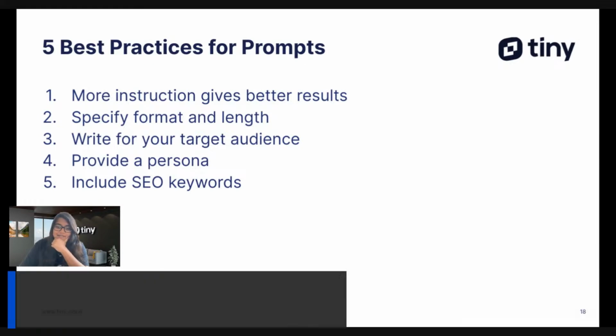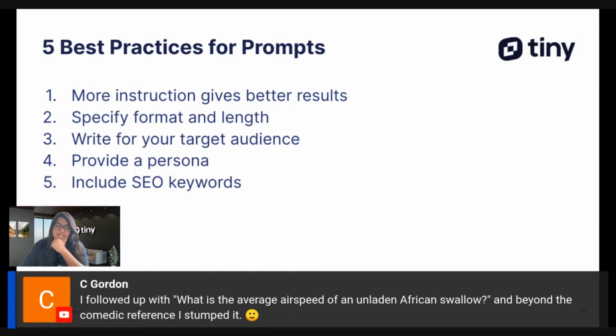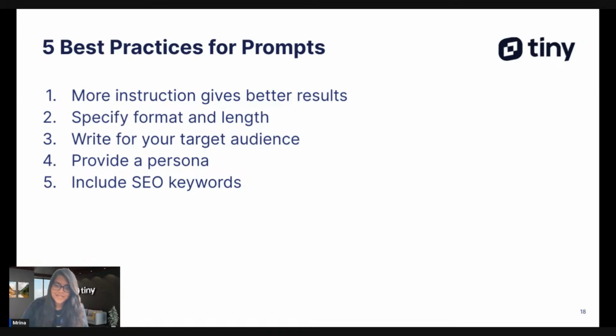And he said that he then followed it up with what is the average airspeed, and that's how they were able to stump it. I think that's really cool, and thank you for sharing that with us, Gordon. Awesome. Thought I would quickly highlight that response. Keep it coming in the chat. It's very exciting to see how you guys have interacted with it.